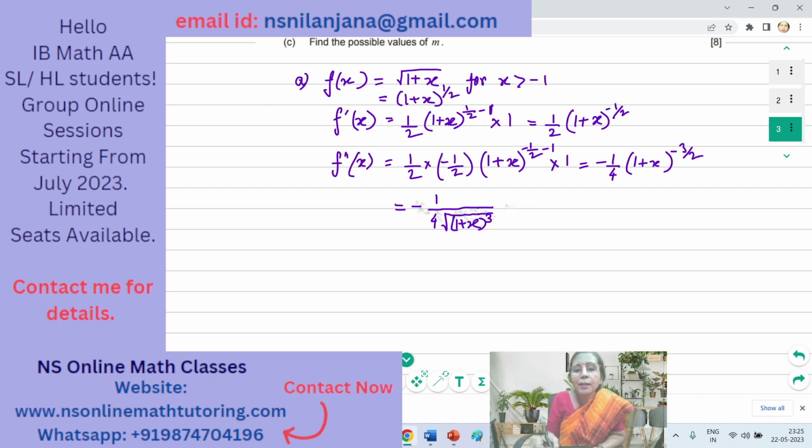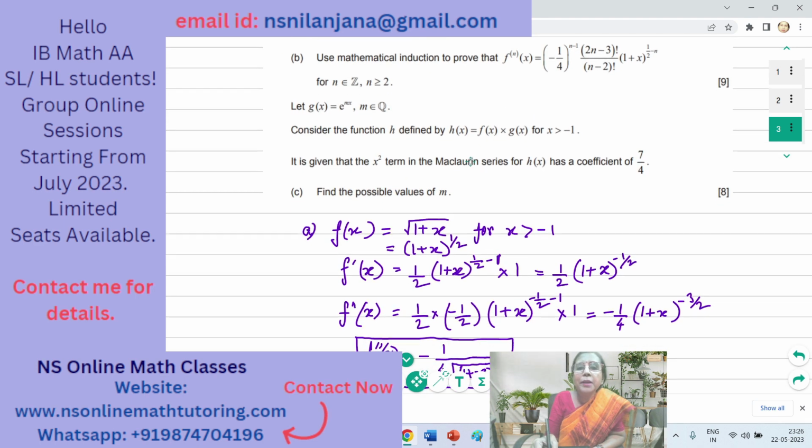So this is the expression of f double dash x. Shown.